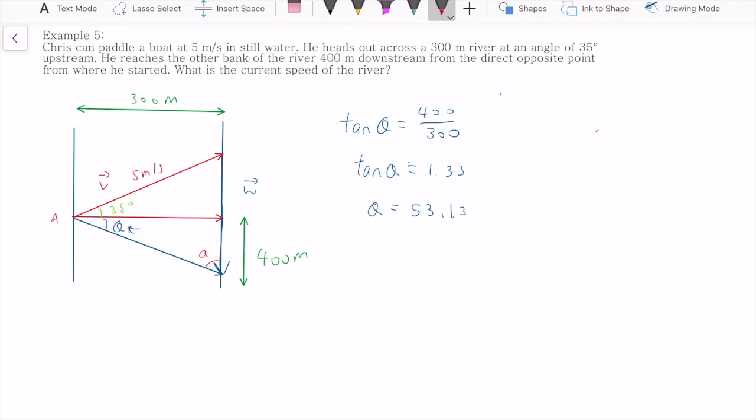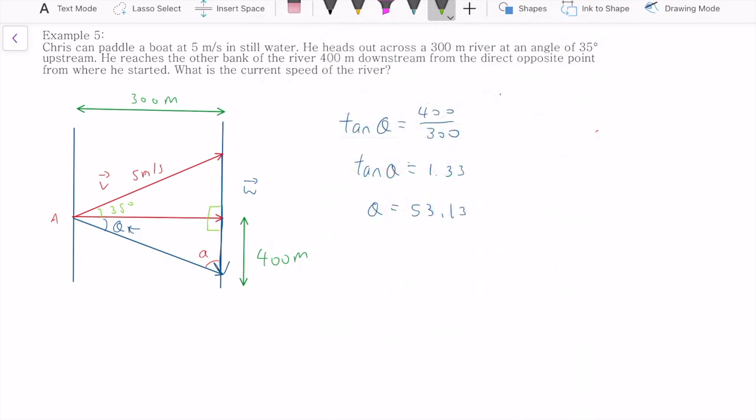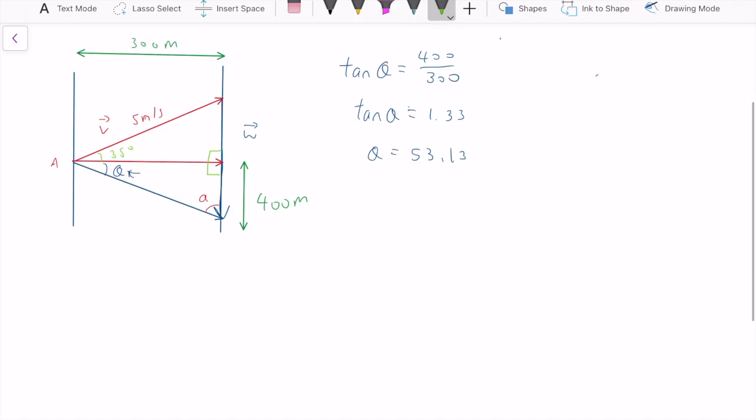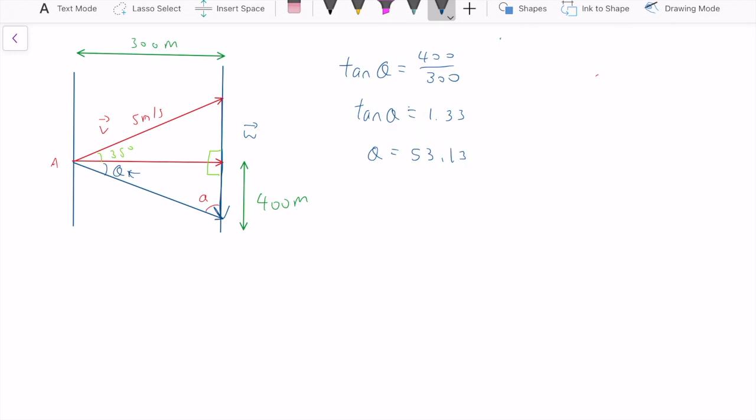So now we want to find this angle. We call it A. And since we know that this is 90 degrees here, we can find A by subtracting from 180 degrees. So subtract 90 degrees, which is this angle right here, and subtract theta, which is 53.13 degrees. So A is around 36.87 degrees.